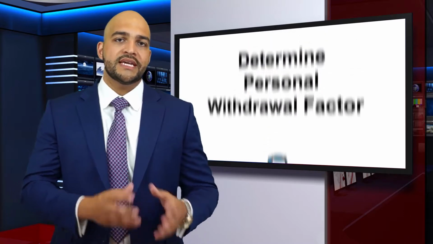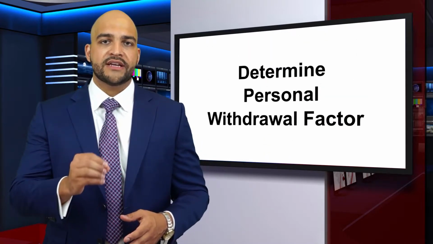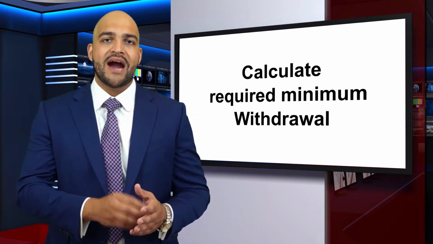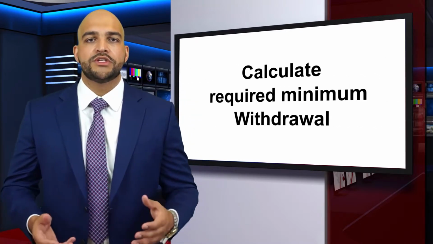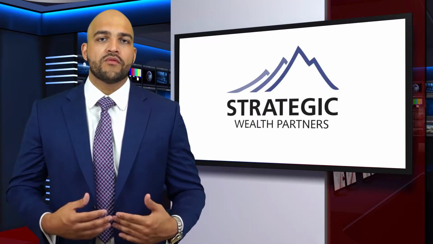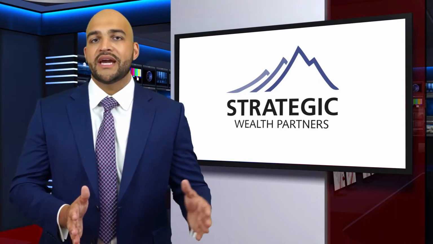So the second step is to determine what the withdrawal factor is, and then the third step is to actually go in and calculate the required minimum distribution. Now, oftentimes people have taken money out of their portfolio before they do their required minimum distribution calculation.